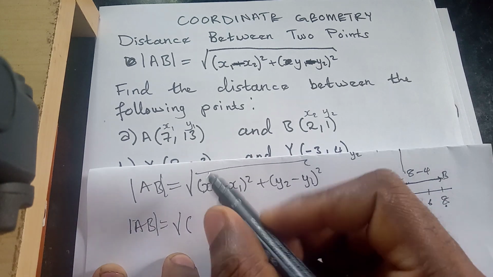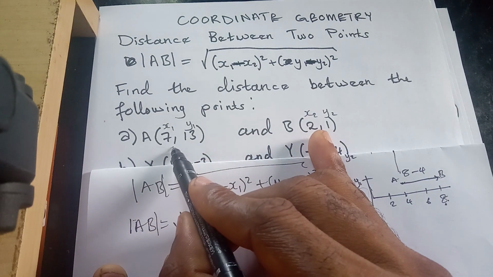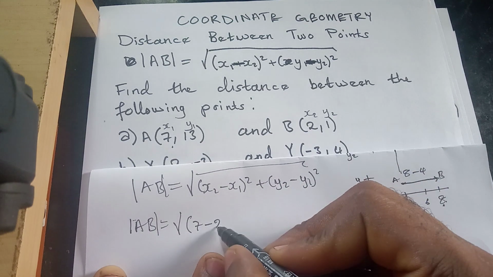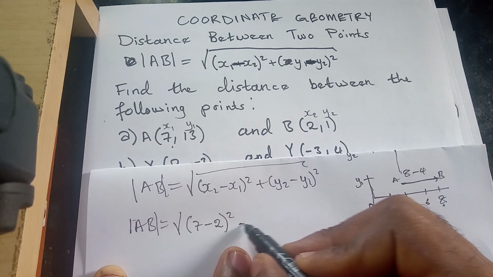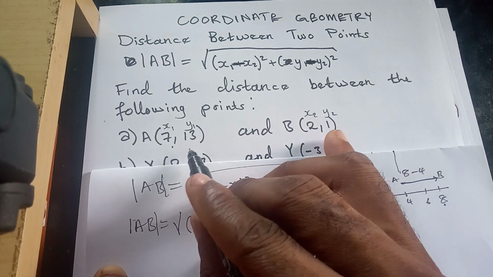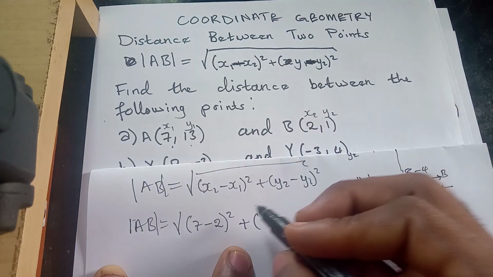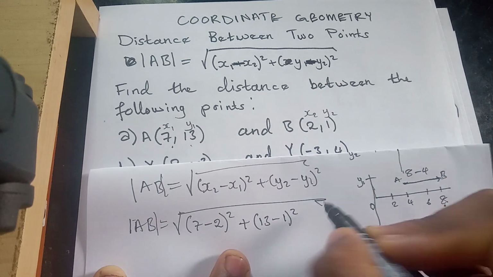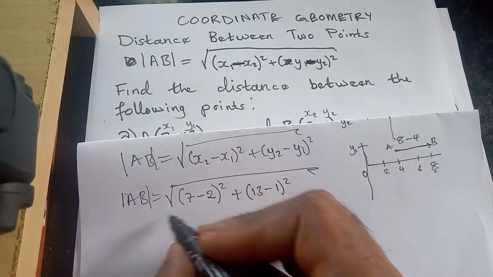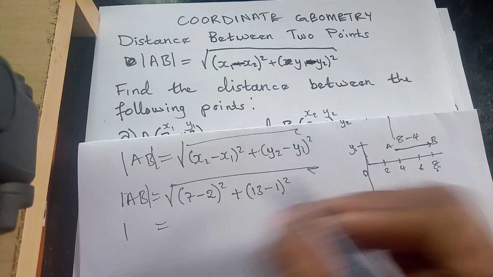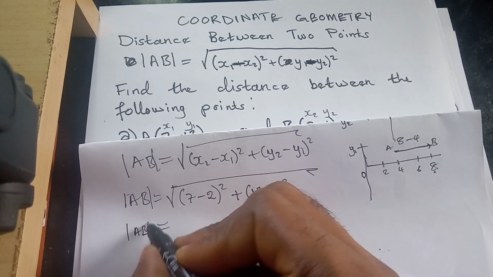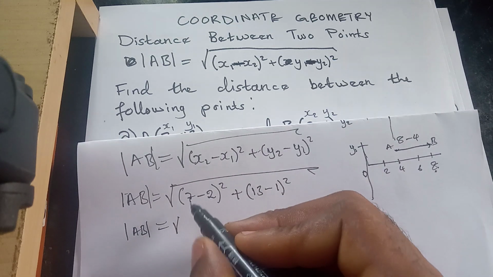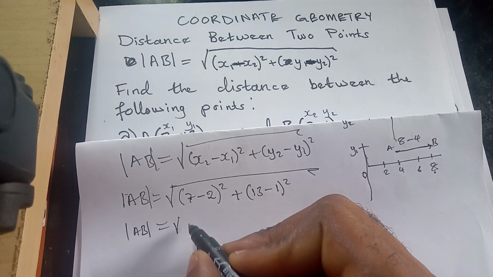You can say the difference in the x coordinates, you have 7 minus 2 squared, and then plus the difference in the y coordinates, you have 13 minus 1 squared, then you introduce the square root. The difference between 7 and 2 is 5. That is 7 minus 2 is 5.